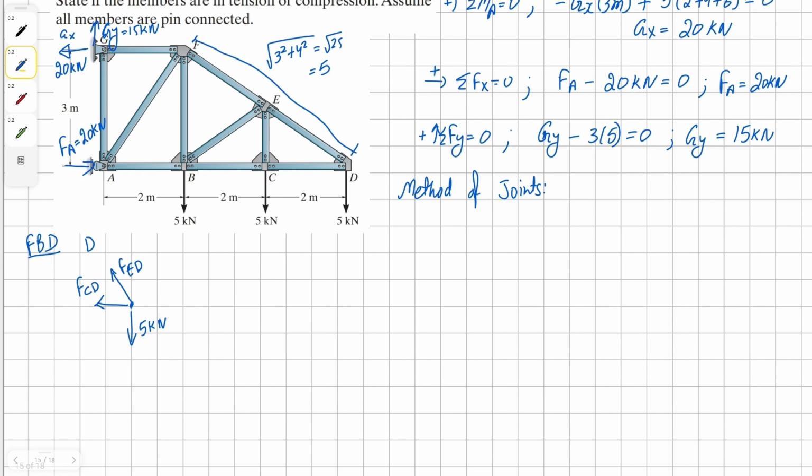Now we can sum the forces in y direction in order to find our value for force in member FED. So it's going to be force FED in positive direction times three over 5, and then take away 5 kilonewton, all equals to 0.